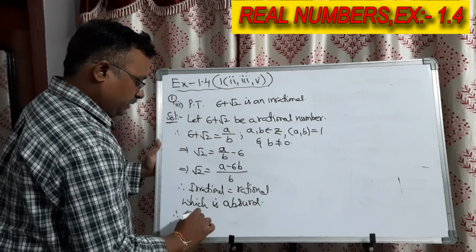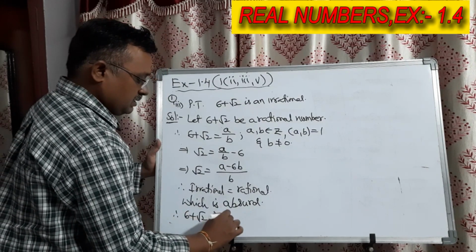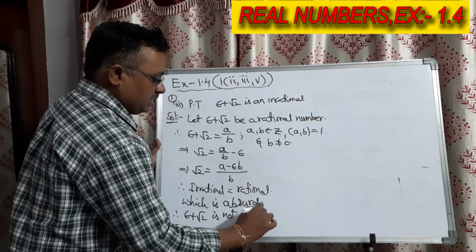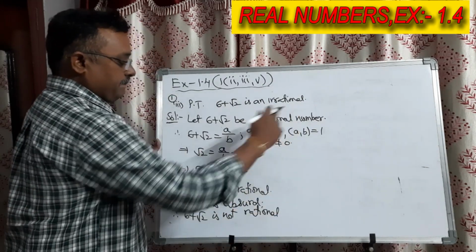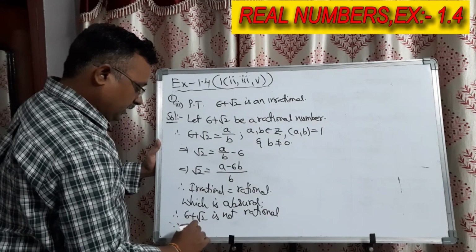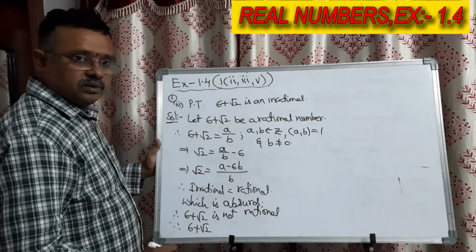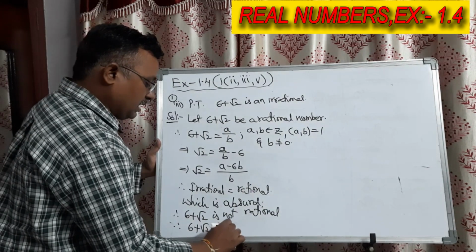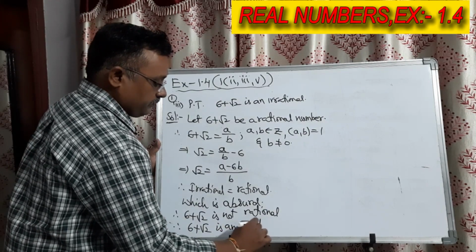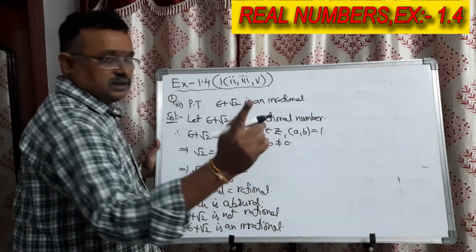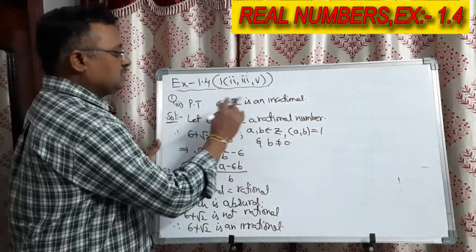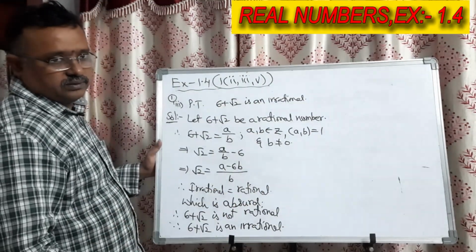Therefore, 6 plus root 2 is not rational. Our consideration is wrong. Therefore, 6 plus root 2 is irrational. Clear? That's it. Many questions of this model they will ask you.